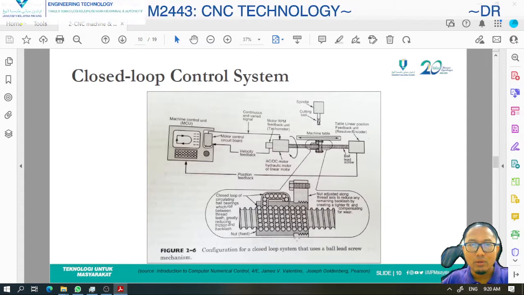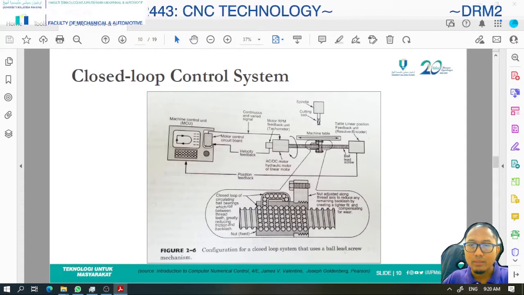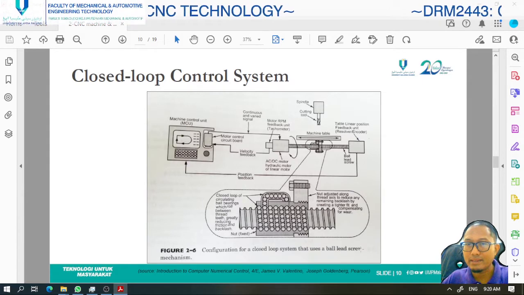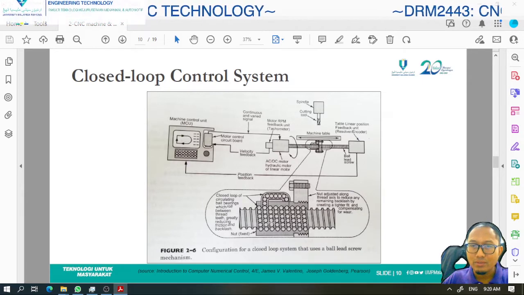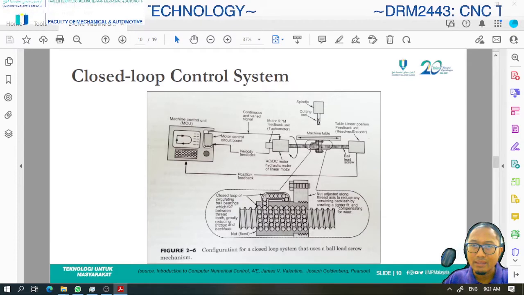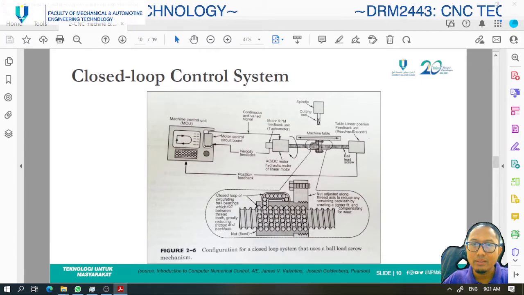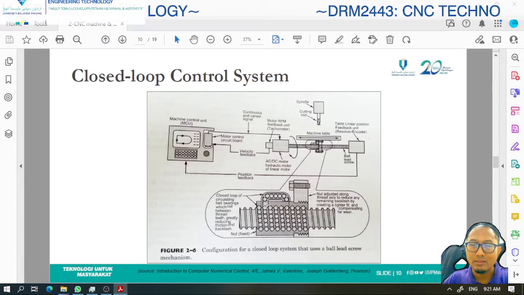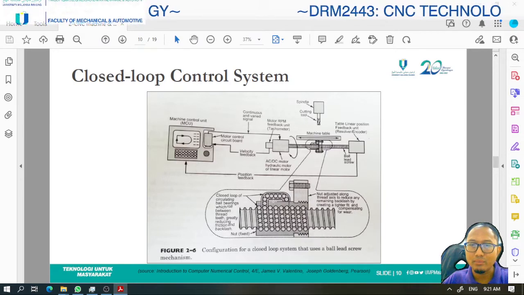For a closed loop control system, usually we are going to use a ball lead screw mechanism, meaning that the screw will have bearings inside it, and these bearings are going to circulate between the thread in the nut and the bolt.